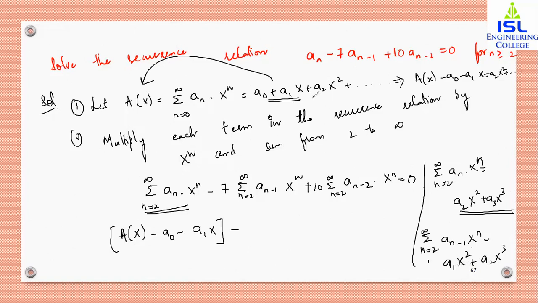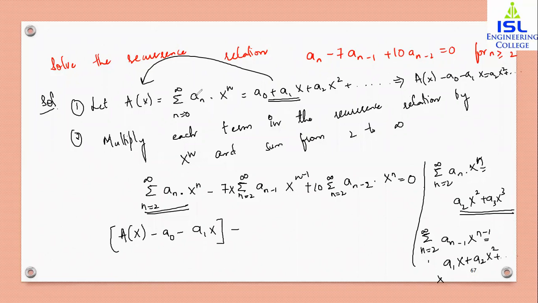For a_1, it is the coefficient of x in one and the coefficient of x^2 in the other. So what you can do is take x outside the sigma notation. You can write it as 7x, and here I'll write n minus 1, so that the coefficient's subscript and the x power match. So a_{n−1} x^{n−1}, if I write, can be replaced by a_1 x plus a_2 x^2 and so on.